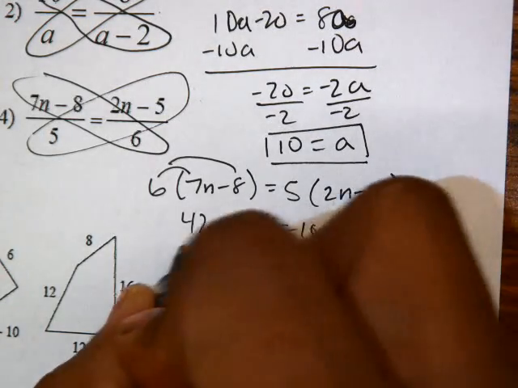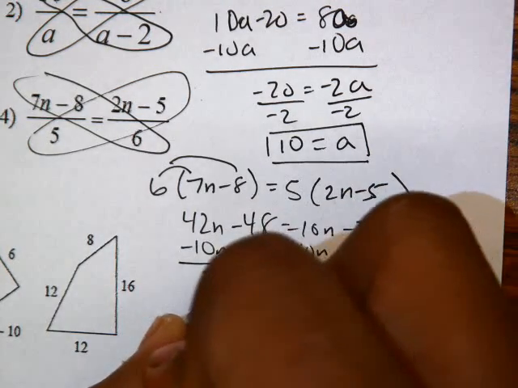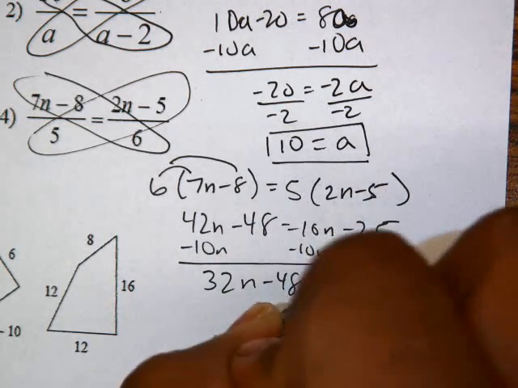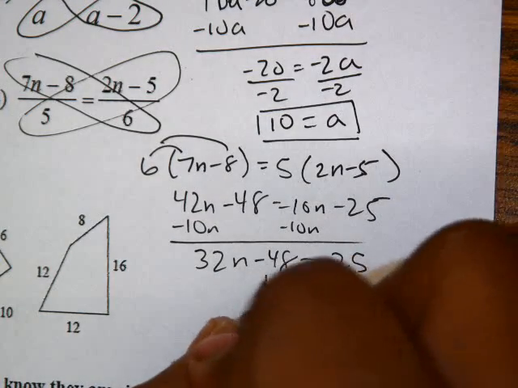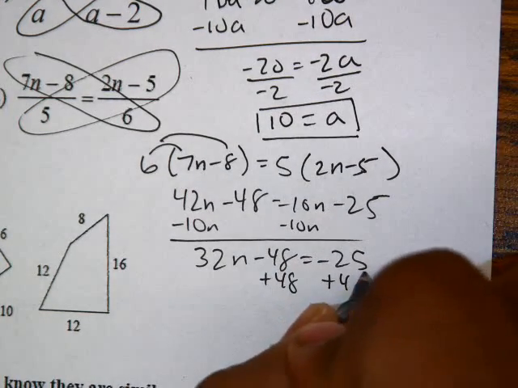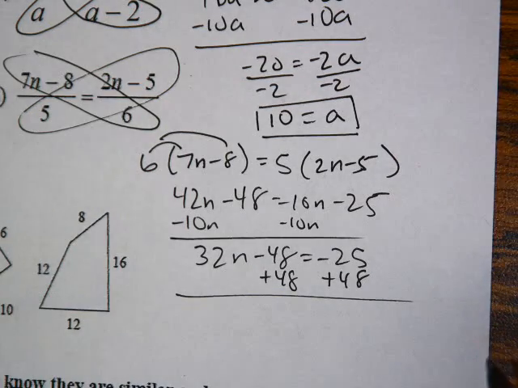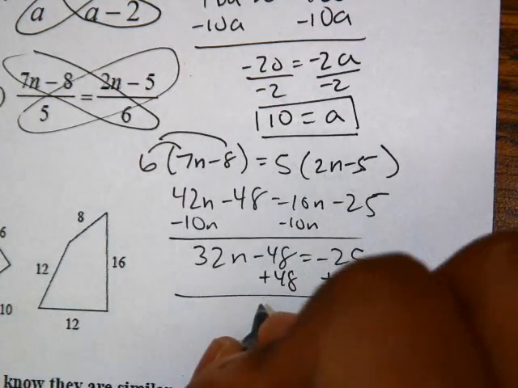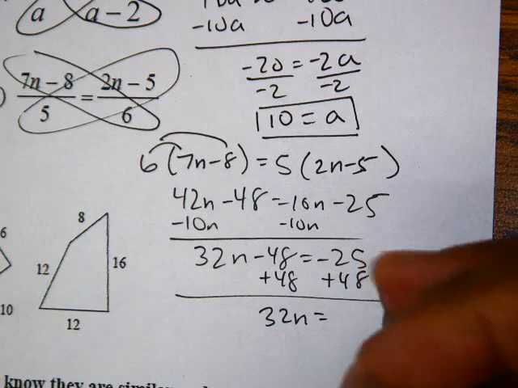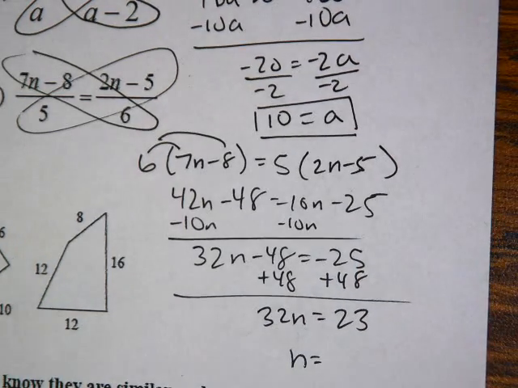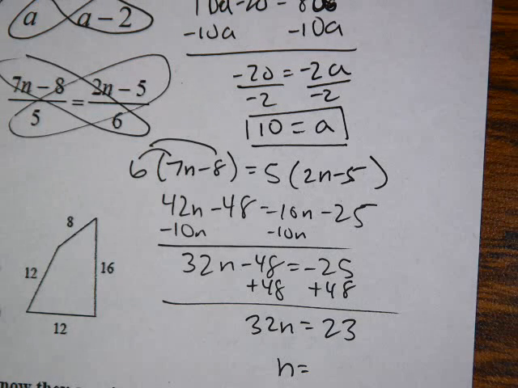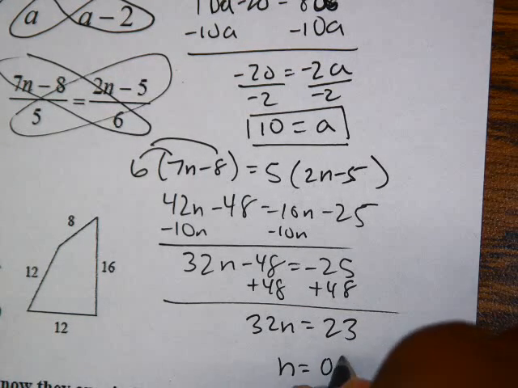Subtracting 10n, that's 32n minus 48 equals negative 25. Adding 48, that's 32n equals 23, and dividing by 32, 23 divided by 32 is 23 over 32, or the decimal 0.71875.